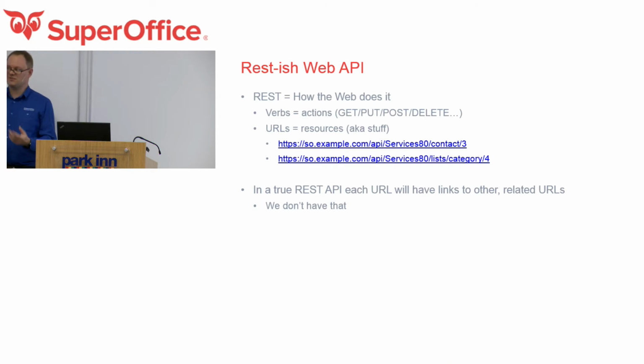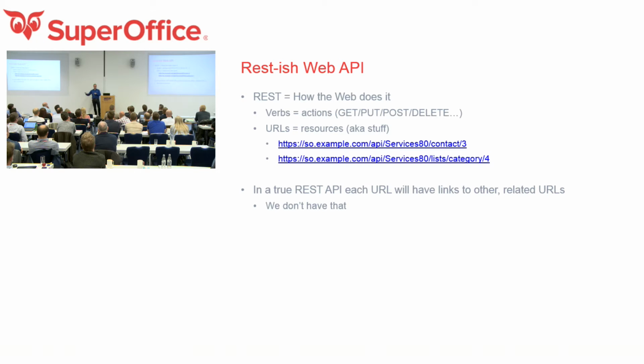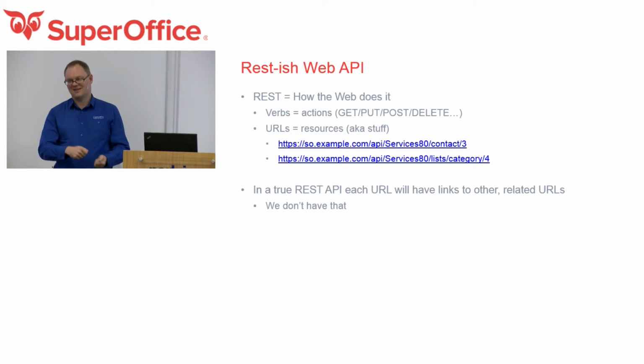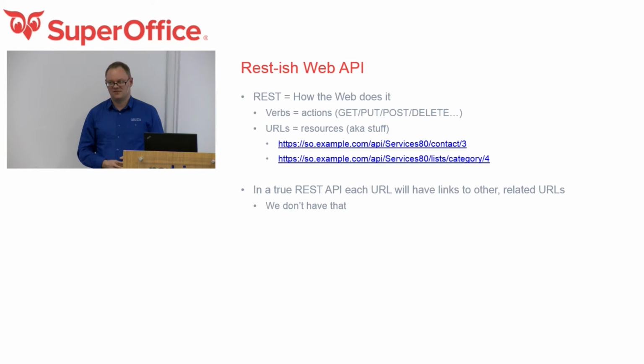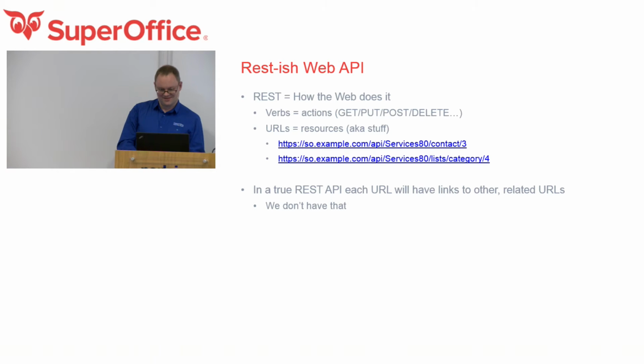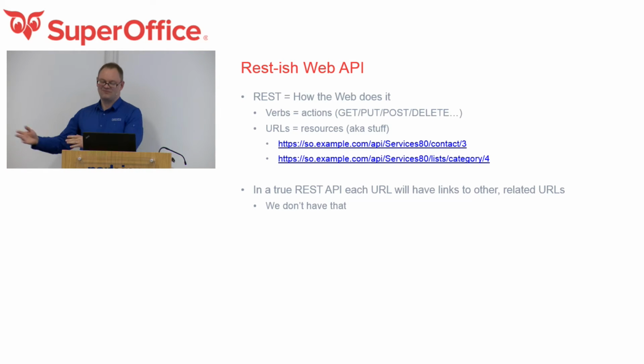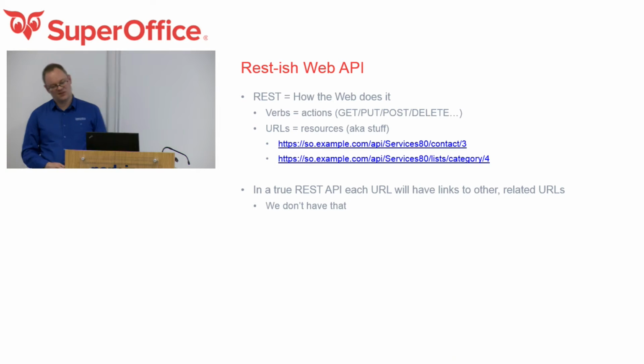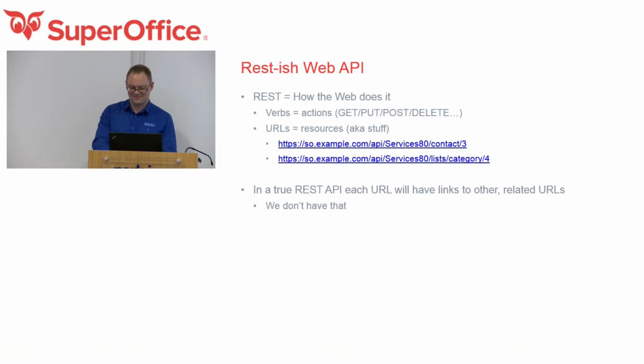In true REST, a web page has links to other web pages, and similarly, if you got a contact, you would get links to all the other related things on it. We don't have that. That would turn out to be too much work. But as long as you know the way the URLs are built up, you can get things anyway.